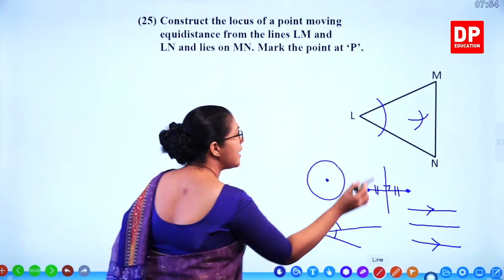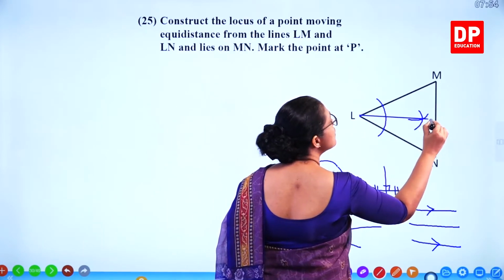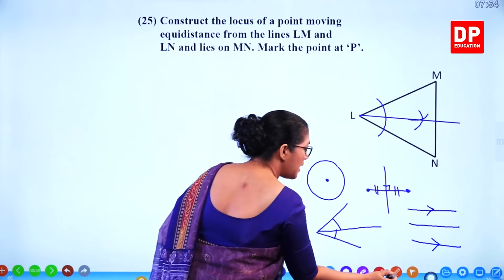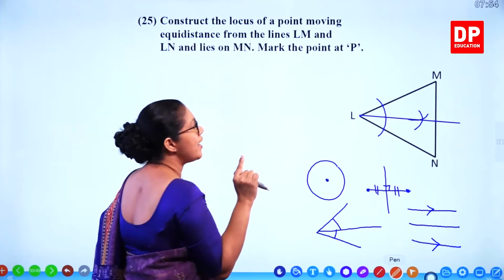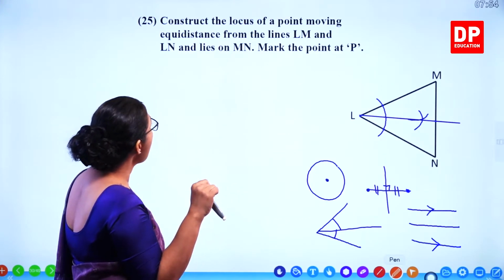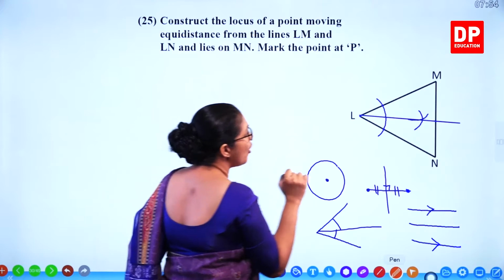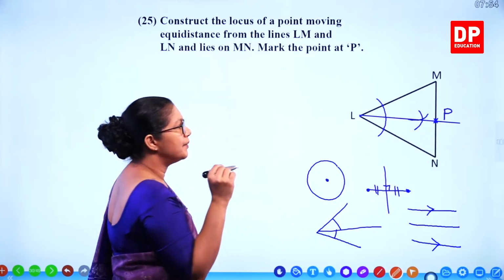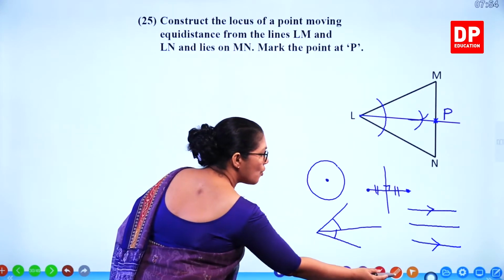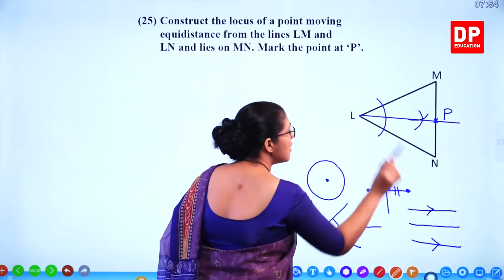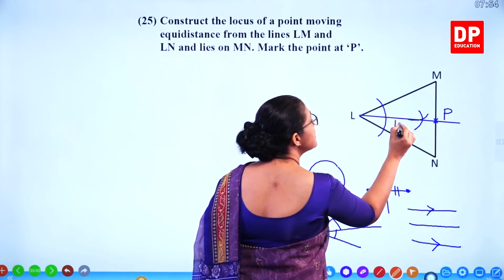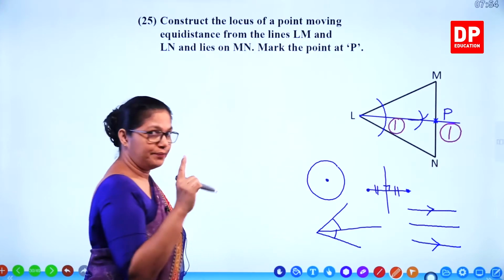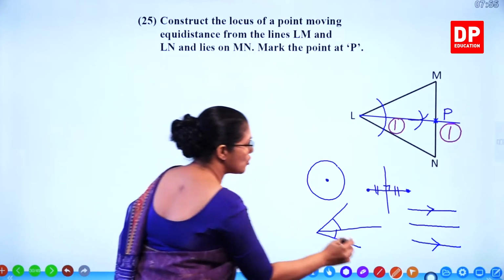Now you can connect this point with this one. That's the angle bisector. The intersecting point of the angle bisector and MN is the point P. So you have to mark the point P here. So how many marks? 2 marks. To draw the angle bisector, 1 mark, and showing the P point on MN, just 1 mark.